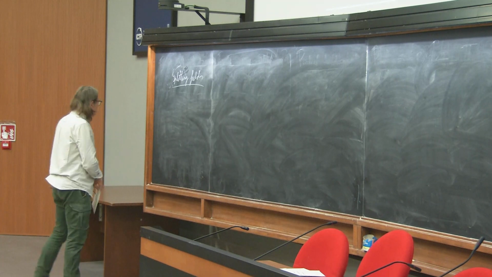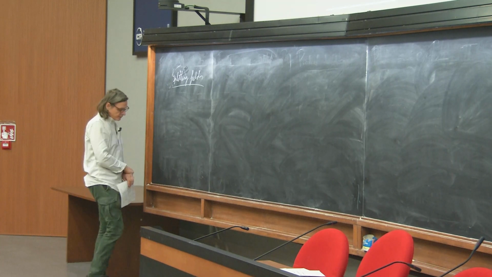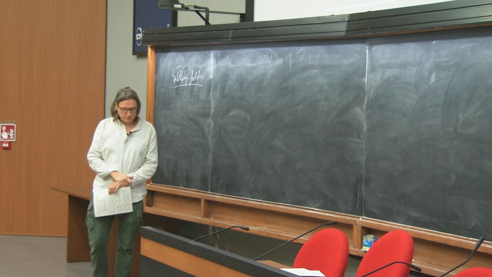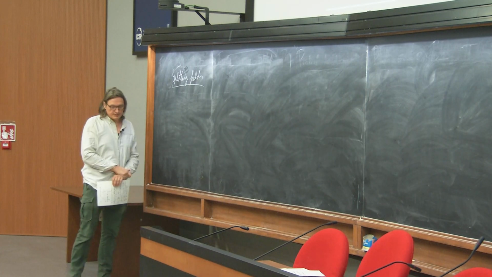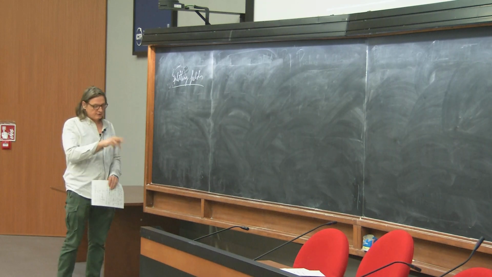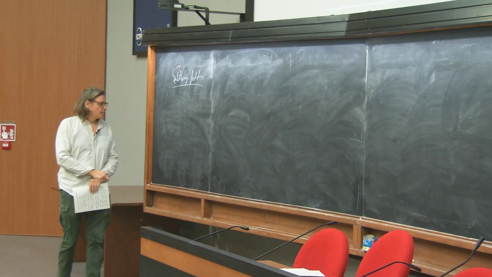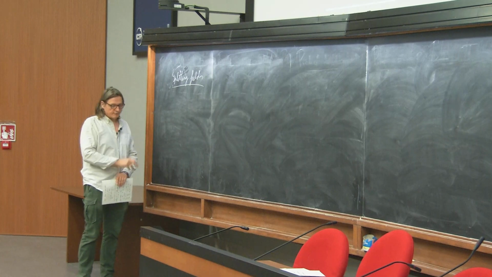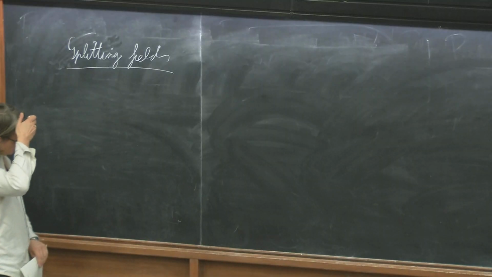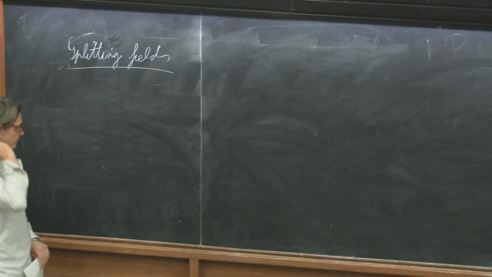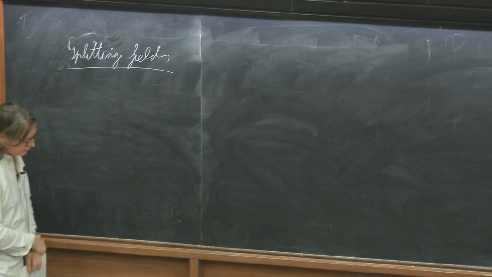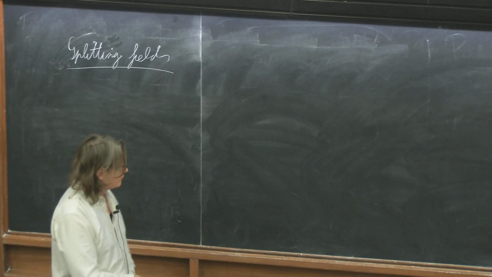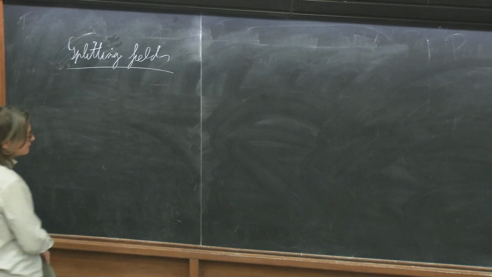Now, like in the case of simple algebraic extensions, I want to talk about the extension of field isomorphisms to splitting fields. So if you have an isomorphism between two fields and you have a polynomial with coefficients in the one field, and you apply the isomorphism to the coefficients of the polynomial, you can compare the splitting fields of these two.